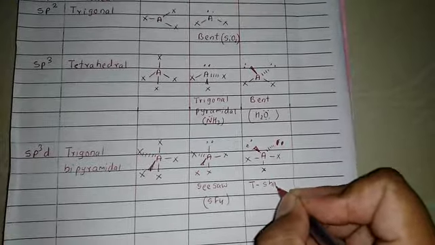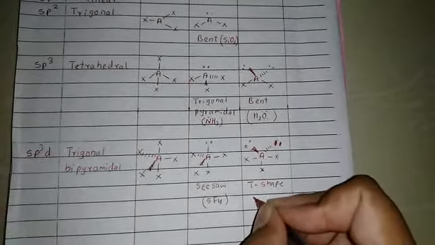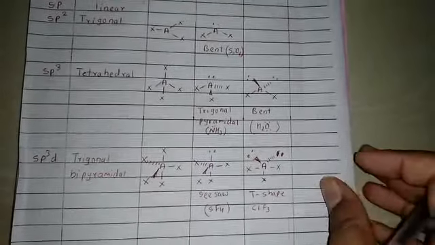It is called a T shape. The best example for this is ClF3.